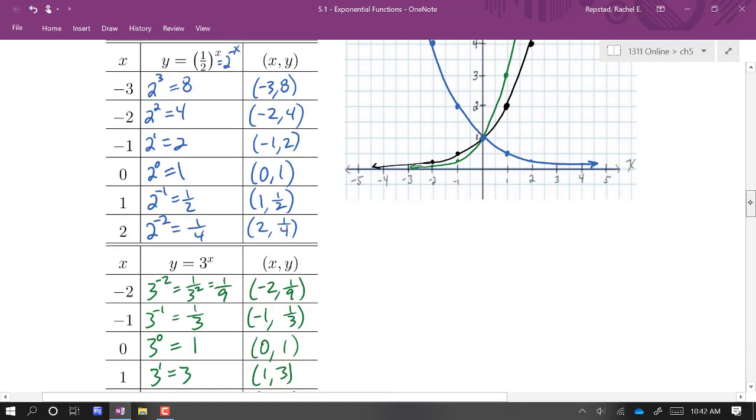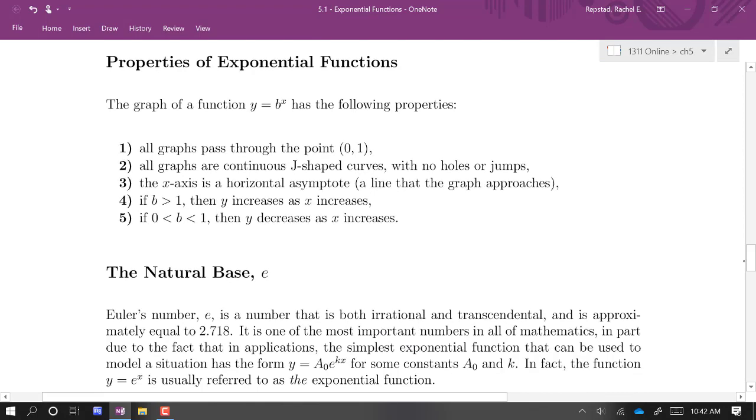And we can summarize, just list some of the observations that we've already been making as we've discussed this. All of these graphs, as long as it's of the form b to the x, so it's not some constant times b to the x, but just some base raised to an x power, will all pass through the point 0, 1, because any non-zero base raised to the 0 power is 1. They're all continuous, nice and smooth, J-shaped curves.